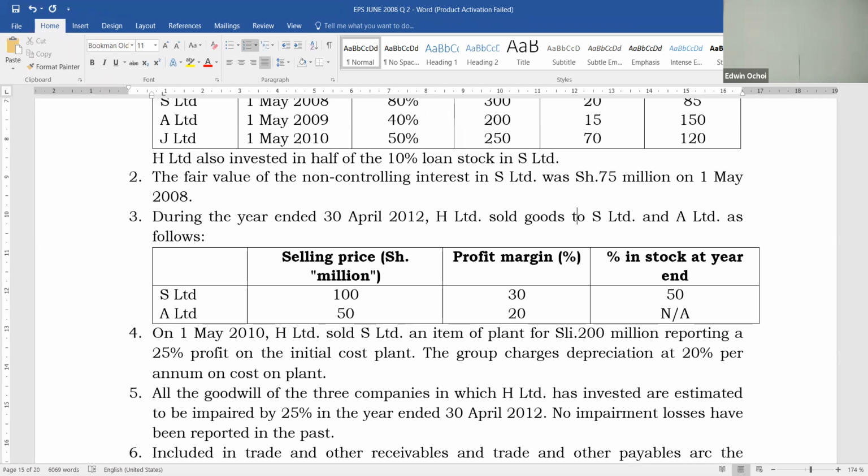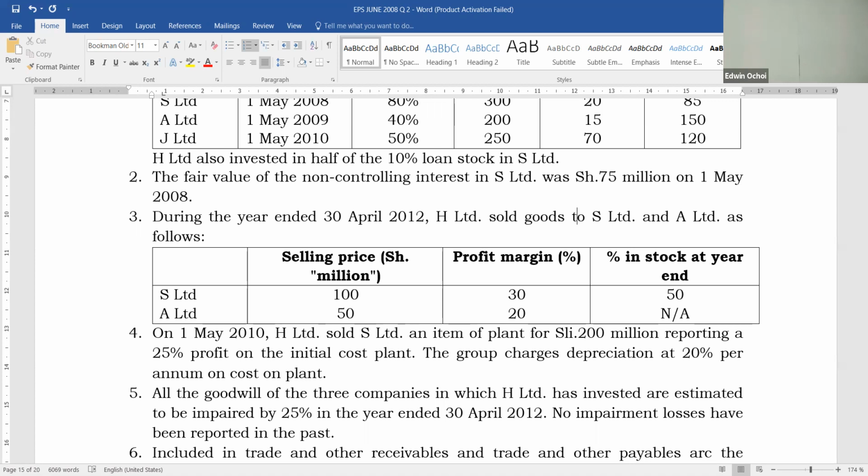So the goods S received from H were worth a selling price of 100, whereby H included a profit margin of 30%. On the side of S, by the end of the year, he never resold these goods entirely. So 50% of the goods are remaining in his stock, which means that there's unrealized profit on the goods, which we need to adjust.